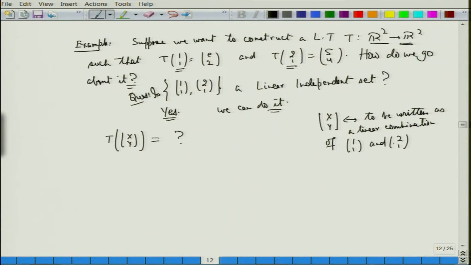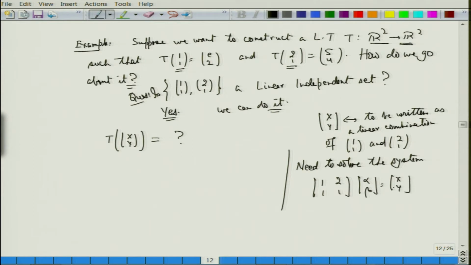So if I want to write it as a linear combination of (1, 1) and (2, 1), I need to solve the system [1 2; 1 1] times (alpha, beta) equal to (x, y), where alpha and beta are unknowns.